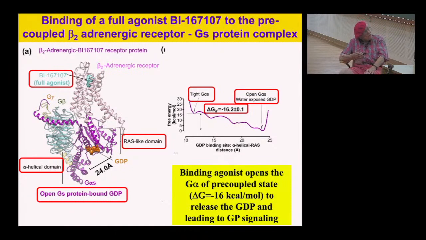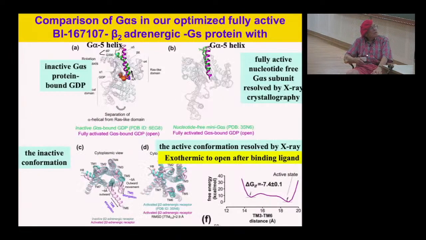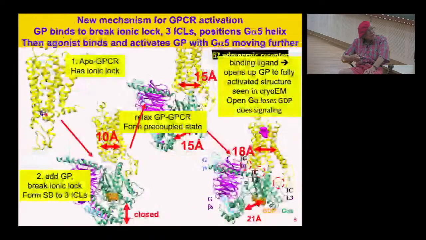Again, it just shows the process of going from this pre-coupled structure where the G-alpha was tightly holding on to the GDP to the final structure, downhill 16 kilocalories in this case. Again, a comparison between the fully activated crystal structure and our predicted structure, excellent agreement.